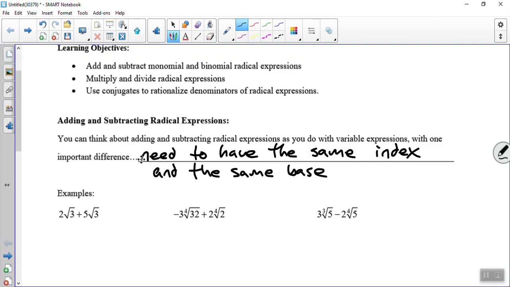They both have to be the same in order to add, because what you're doing is essentially combining like terms. And if it doesn't have the same base and the same index, it's not a like term.